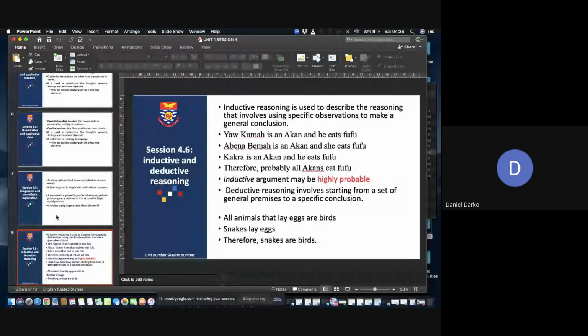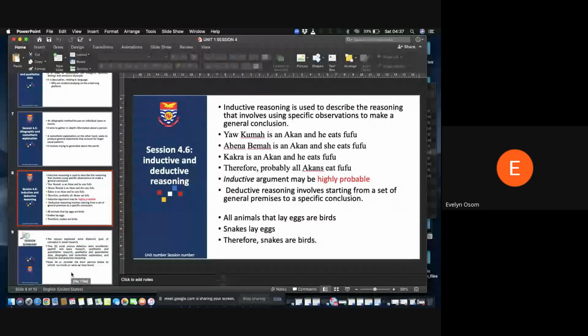Now, how does this contrast with deductive reasoning? Unlike inductive reasoning, where we move from specific observation to general conclusion, in deductive reasoning we move from general to specific. General statement to specific conclusion. For example, all animals that lay eggs are birds. Snakes lay eggs.